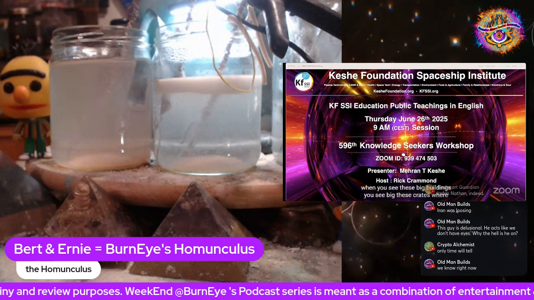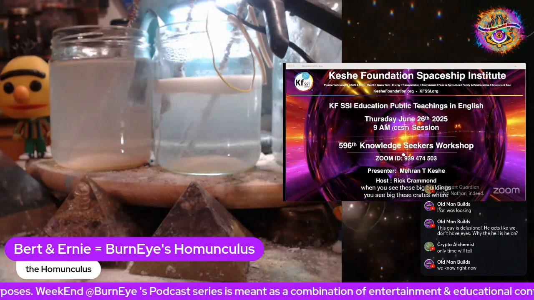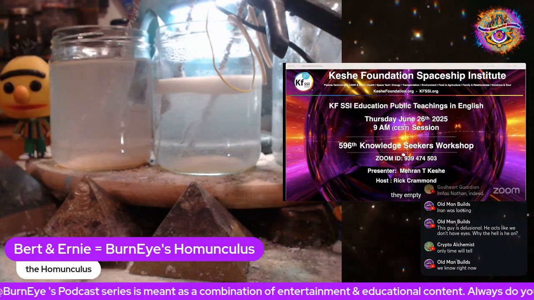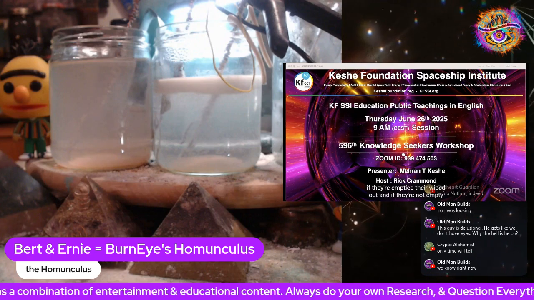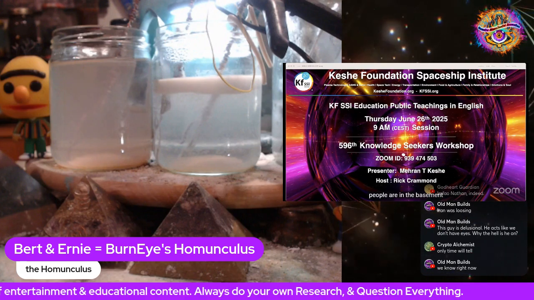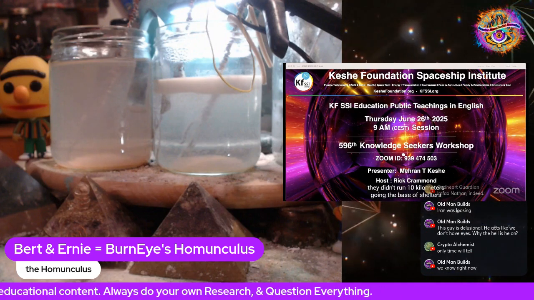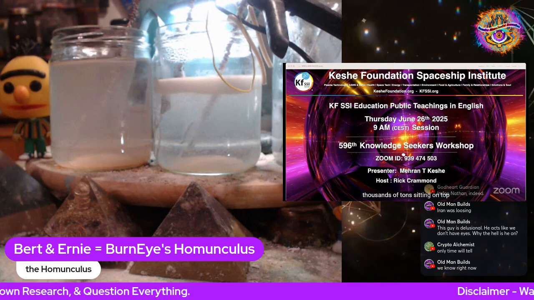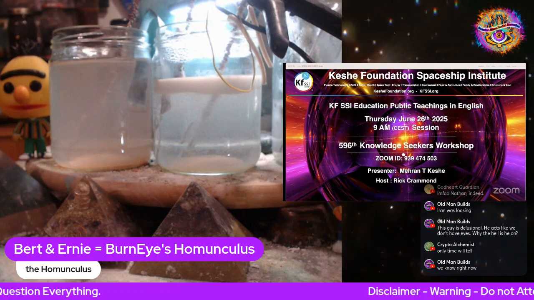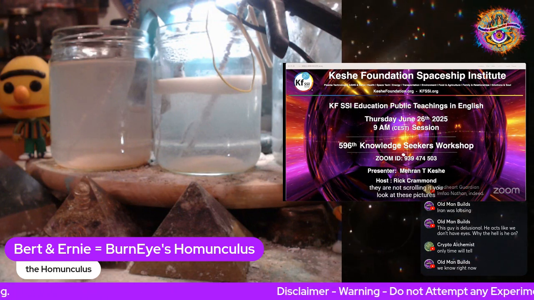When you see these big buildings, you see these crates, were they empty? If they're empty, they're wiped out. And if they're not empty, people are in the basement. They didn't run 10 kilometers to go to the basement shelters. Thousands of tons sitting on top. They are not disclosing it.